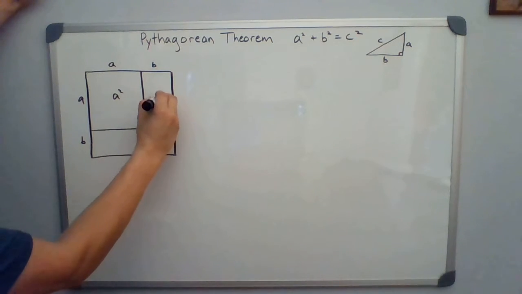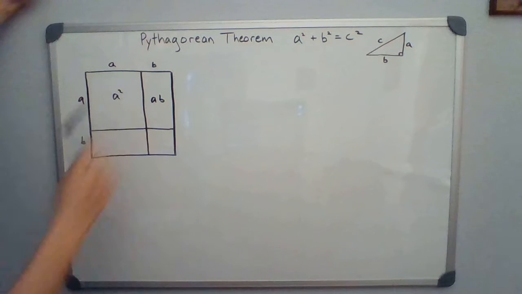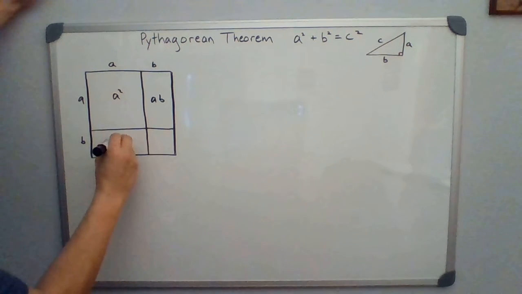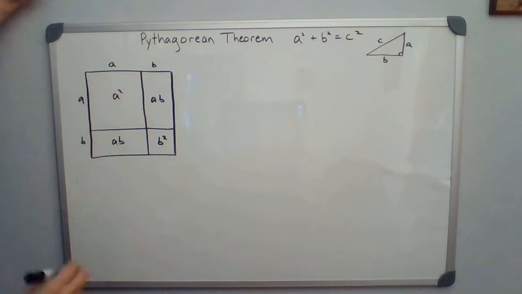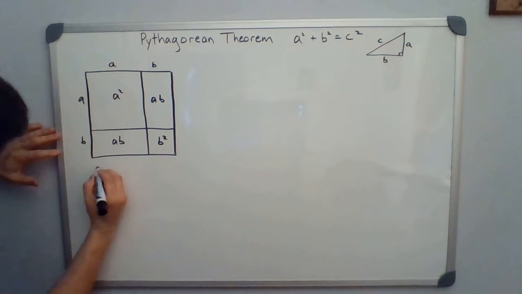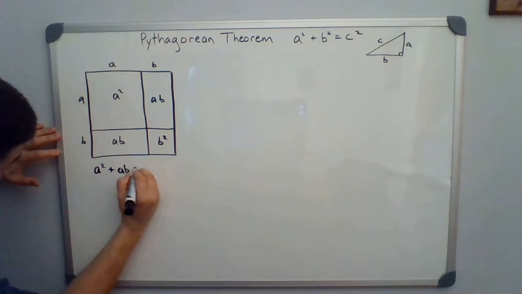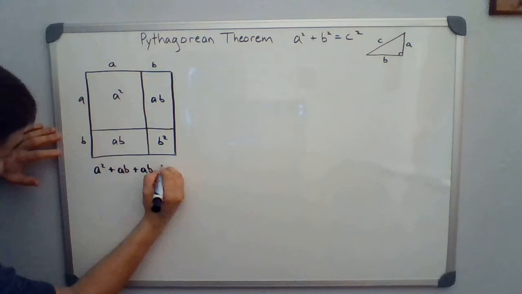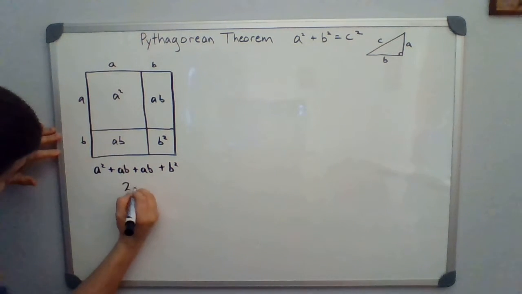That's a times b, since one of the sides is a and one of the sides is b, and this is also a times b, and that's b squared. So I know the sum of the parts is a squared plus ab plus ab plus b squared, or I could just say 2ab here.